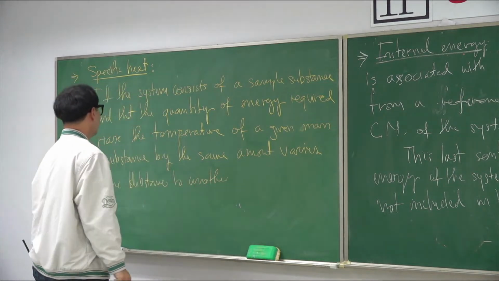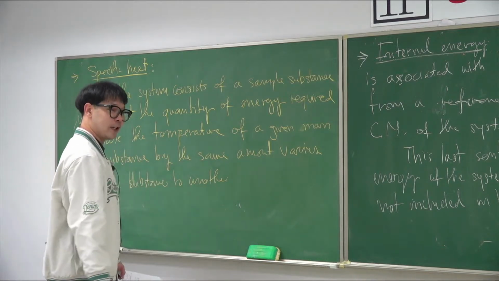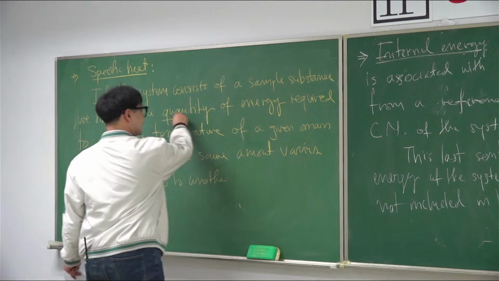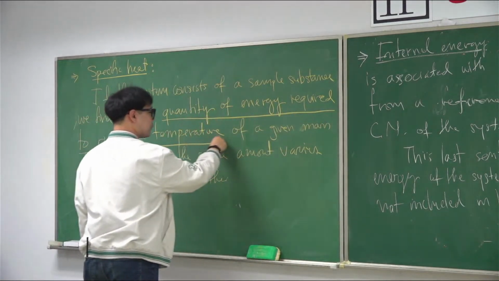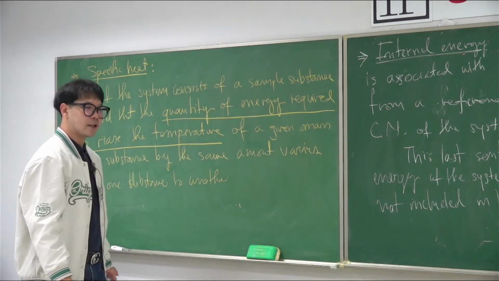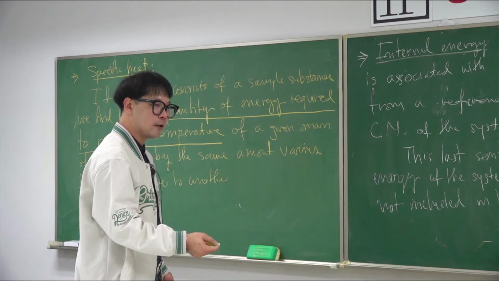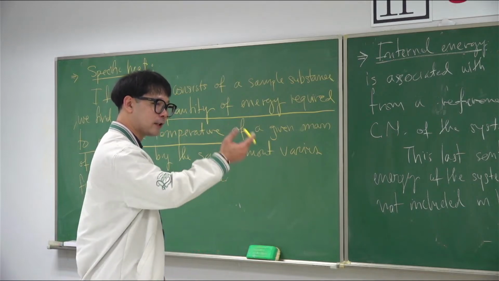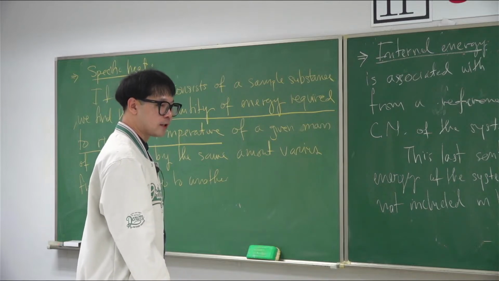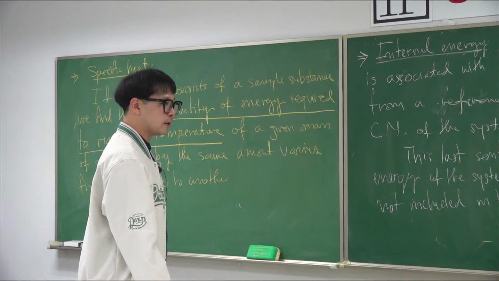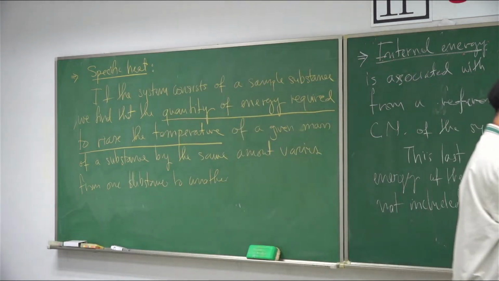Okay, this is the definition of specific heat. The quantity of the energy required to raise the temperature, which is actually different for different substances. You require different amount of energy if you want to raise the temperature by one step, like for a solid and the water.